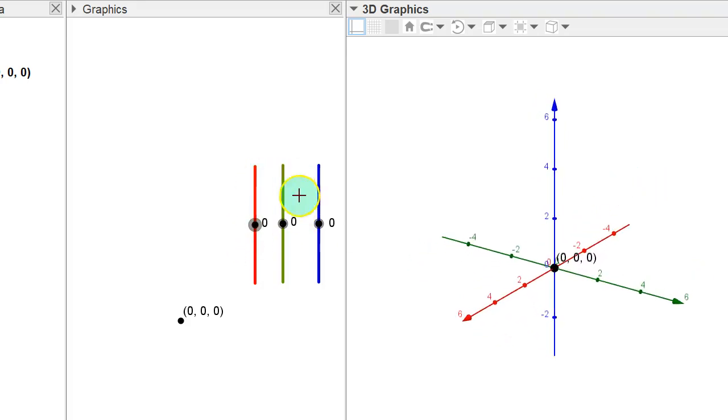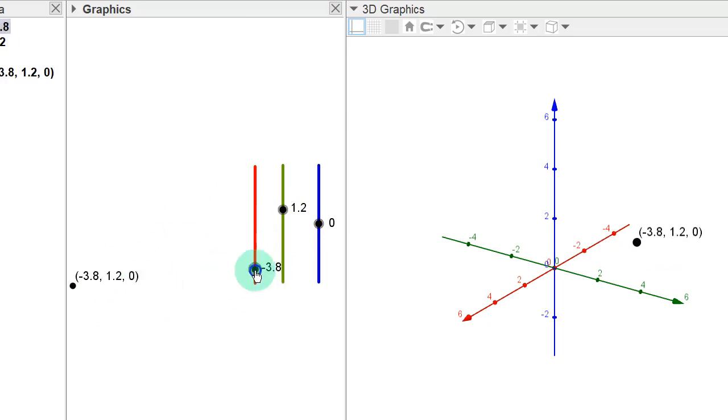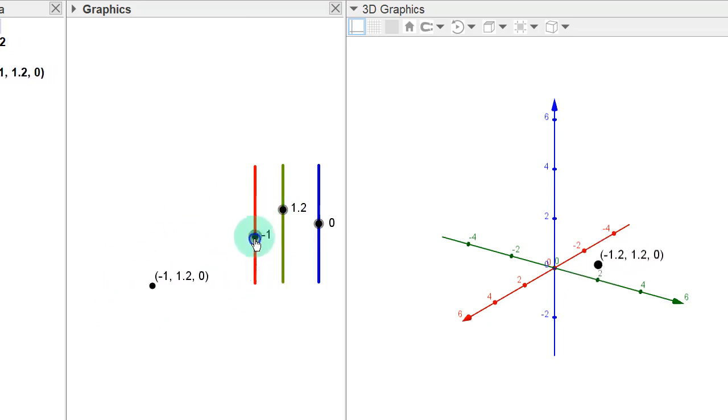This red, green, and blue here represent what your x, y, and z coordinates mean. So if you leave z, the blue one here, at 0, that means you're just staying on the xy plane, and you can move around here. This point is still showing up over here because it thinks I'm in a 2D graphic, but we'll just ignore it. If I change the x coordinate, leaving the other 2 constant, that moves you parallel to the x-axis, but perpendicular to the other 2 axes.